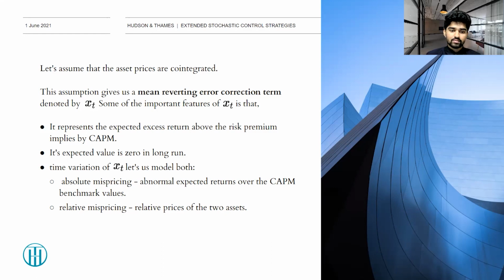But at longer horizons, relative mispricing plays a key role as price differentials between the two assets can be expected to revert to zero. And the optimal portfolio obviously can earn a profit by going long in the underpriced asset and going short in the relatively overpriced asset.